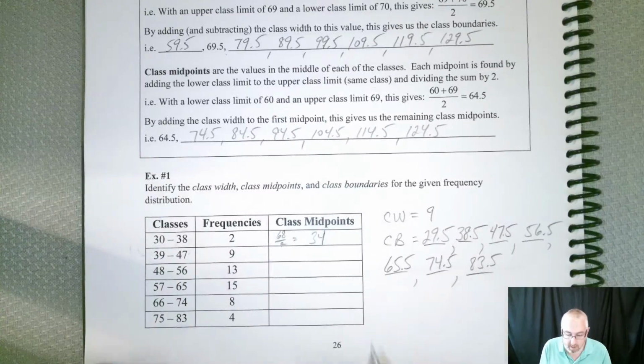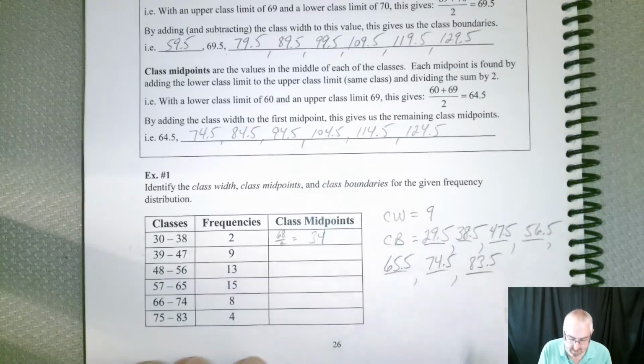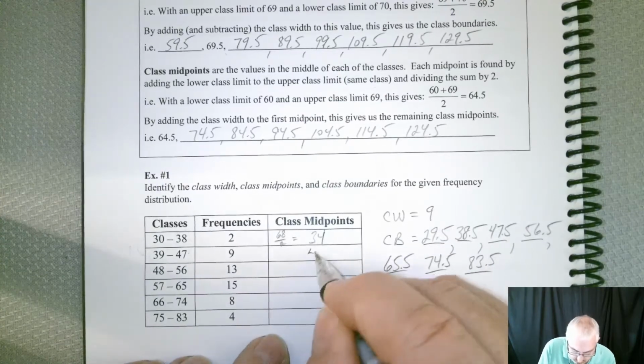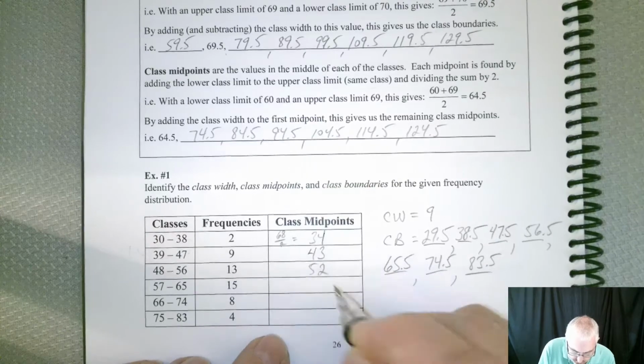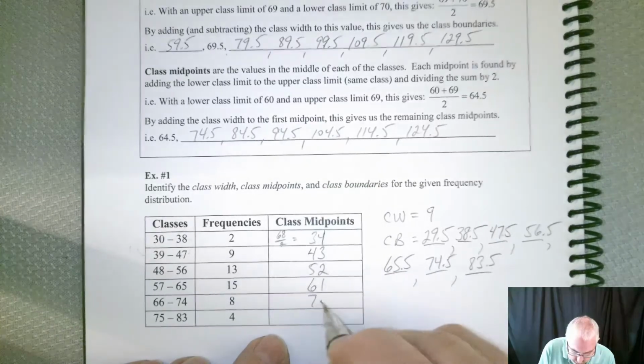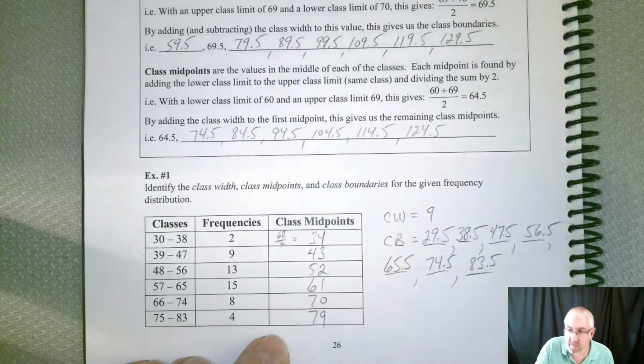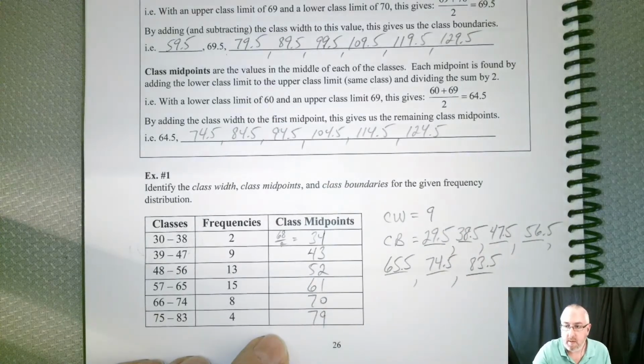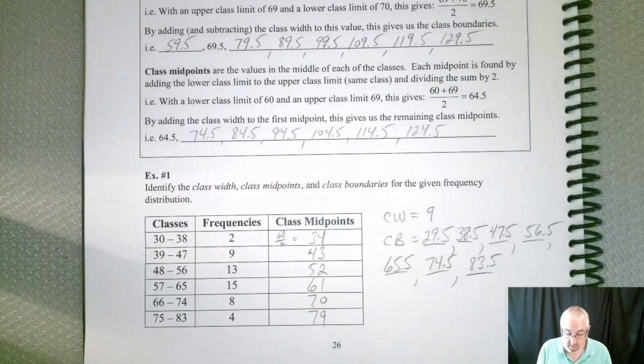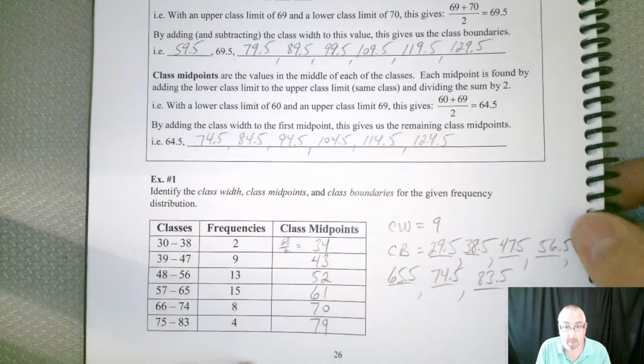So 34, and it looks like it's in the middle, so we're probably fine. But now comes the shortcut. Use that 9. So 43, 52, 61, 70, and 79. So that should be it. That wraps up that problem.